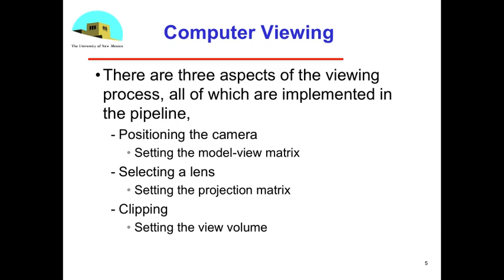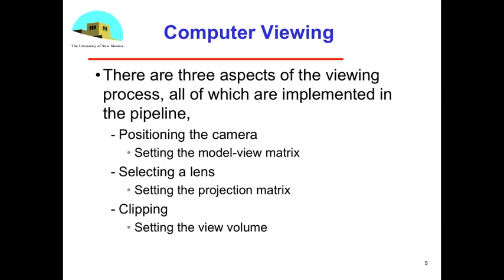So viewing is generally broken up into 2 or 3 parts. The first part, as we've been talking about, is positioning the camera. That's setting a model view matrix. Setting the lens is the projection matrix, and setting the clipping sets a view volume.